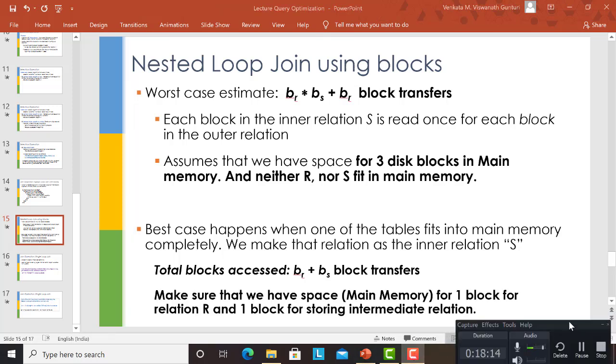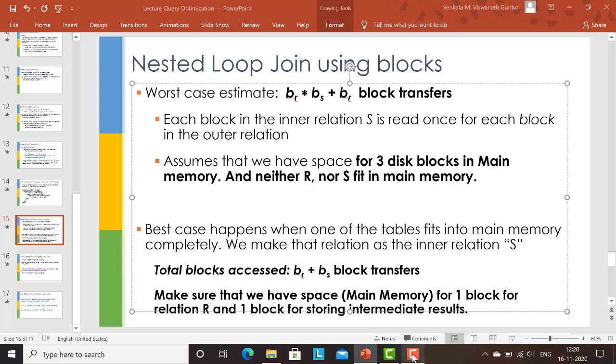The way you have to see it is that one of the relations should fit in the main memory completely, and let's assume that relation is S. You still have space for one disk block from relation R, and you have another one disk block worth of main memory space for storing the intermediate results, right?